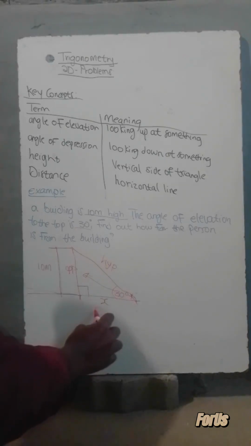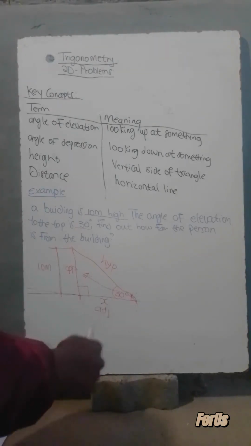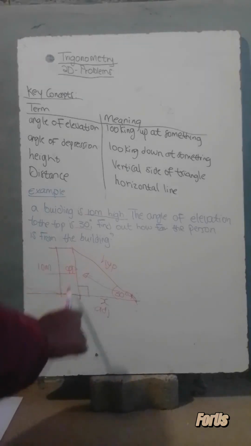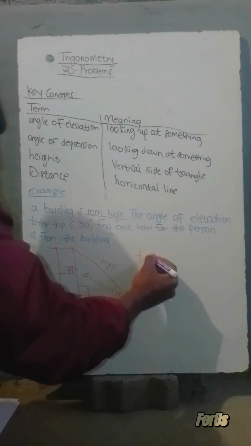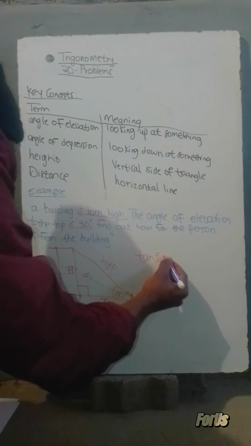And the last one is going to be the adjacent. Now we need to use a trig ratio that has opposite and adjacent. And that trig ratio is tan. The tan of this angle, 30 degrees.